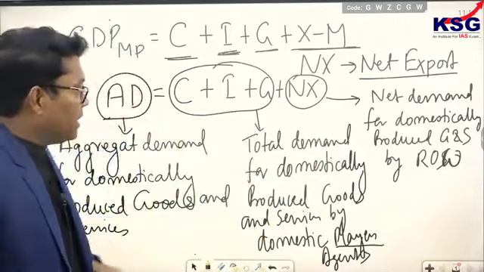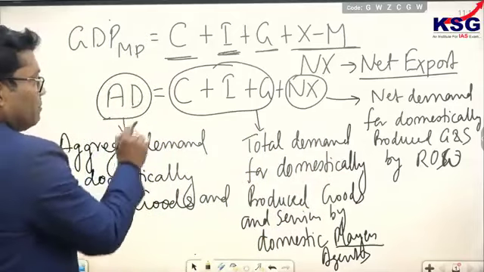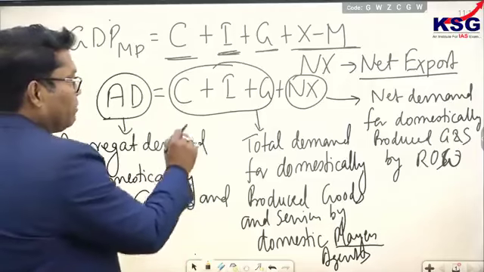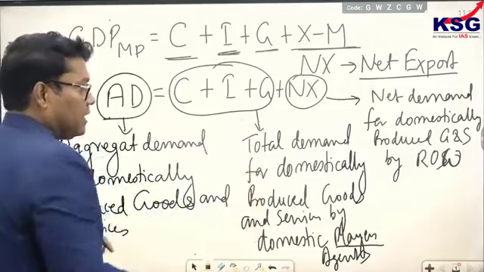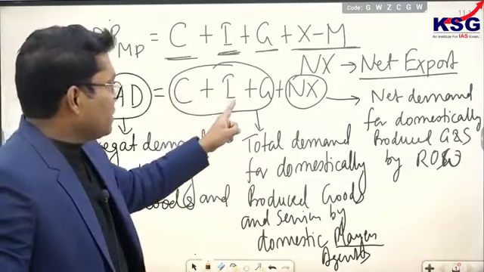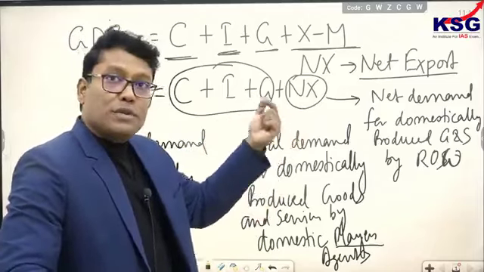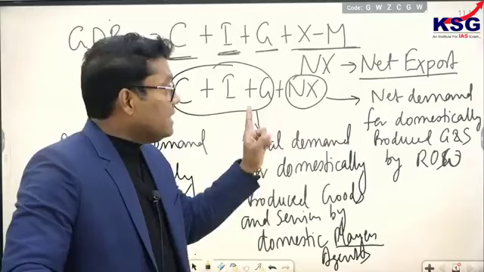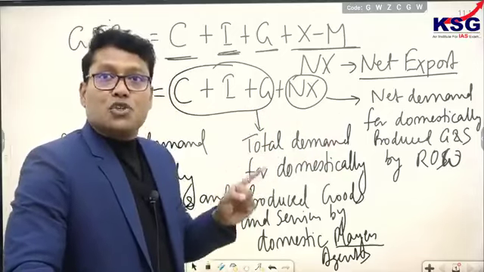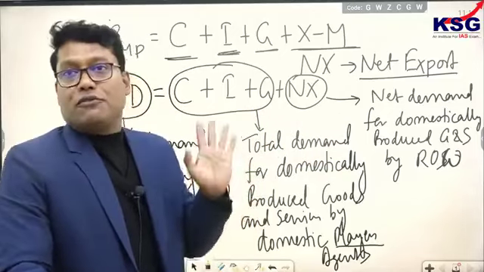So just remember, dear, the total aggregate demand is demanded in one part by the domestic players, say domestic consumers, domestic investors, and our domestic government. And one part of domestically produced goods and services is demanded by the rest of the world, or you can say foreigners.